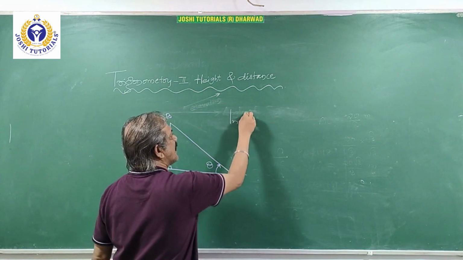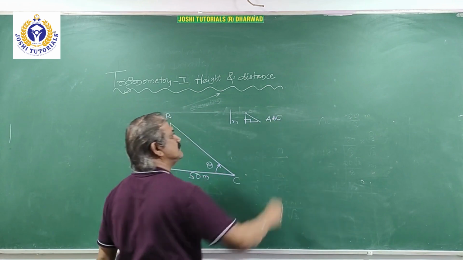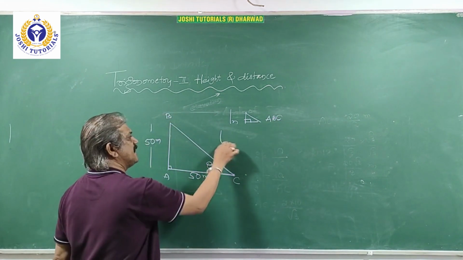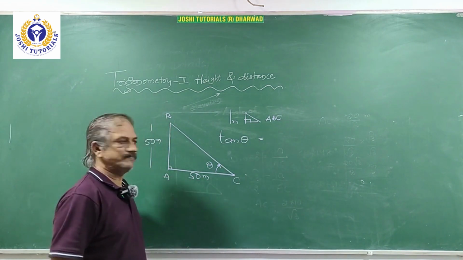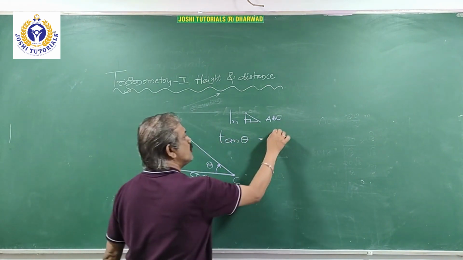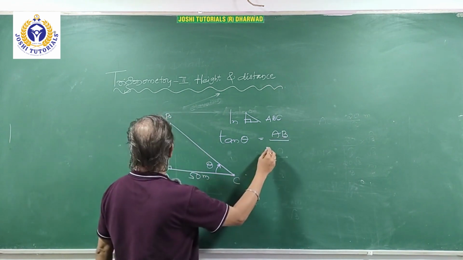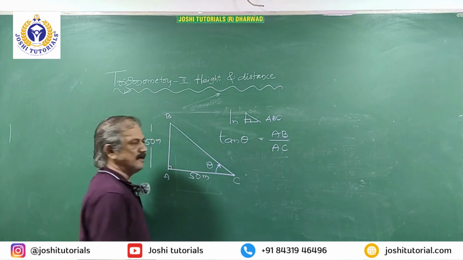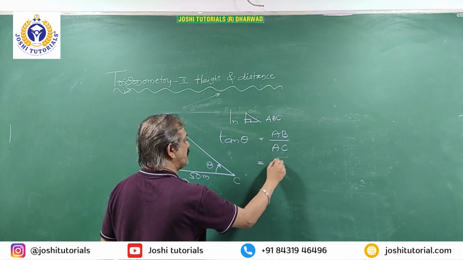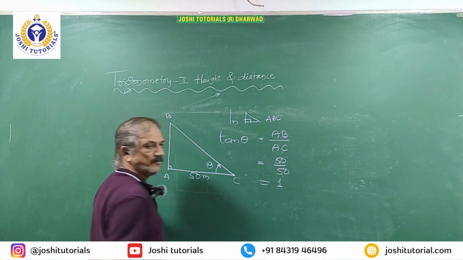Therefore, in right angle triangle ABC, tan theta equals AB opposite divided by AC, I mean AB upon AC. Next step, it is 50 by 50, which is 1.